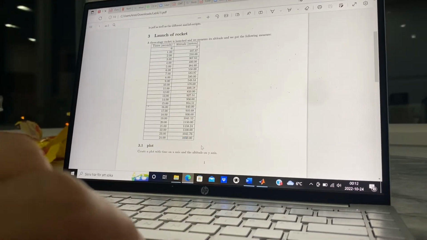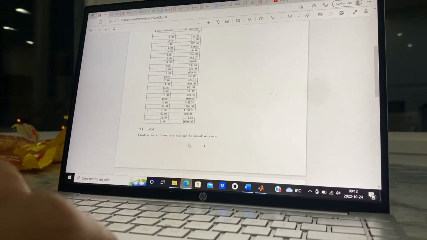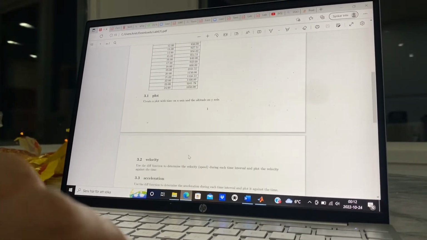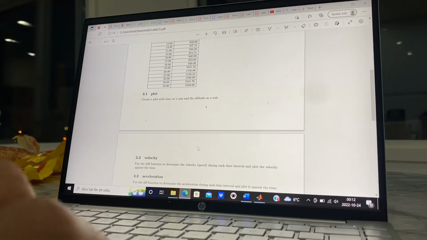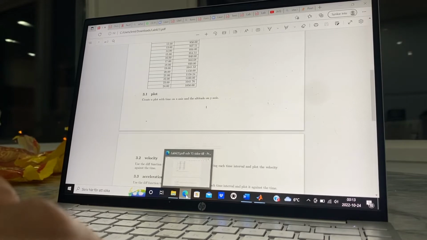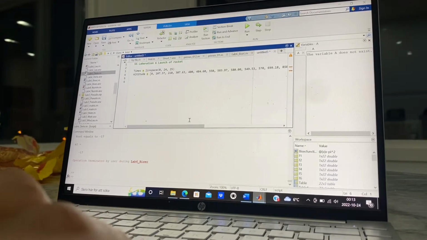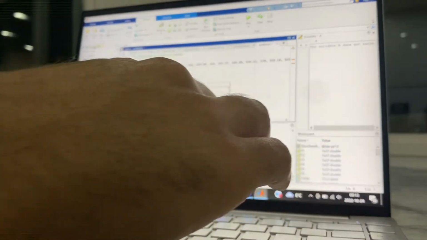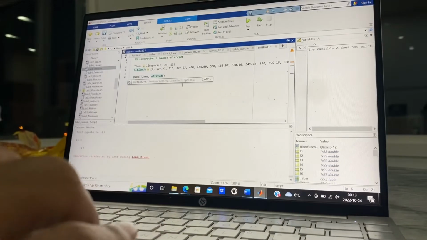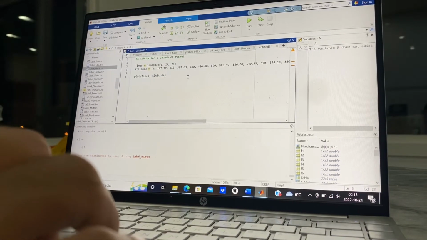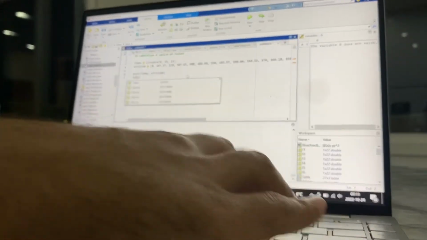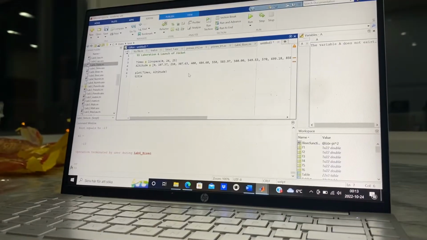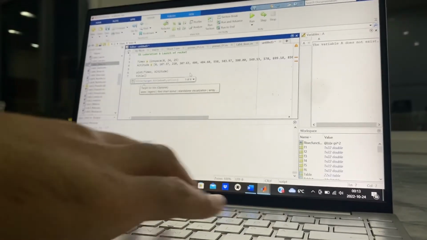And what the elaboration wants me to do is create a plot with time on the x-axis and the altitude on the y-axis. So that's what I'm gonna do. I'm gonna plot times, comma, altitude, and then I'm gonna give it a title.